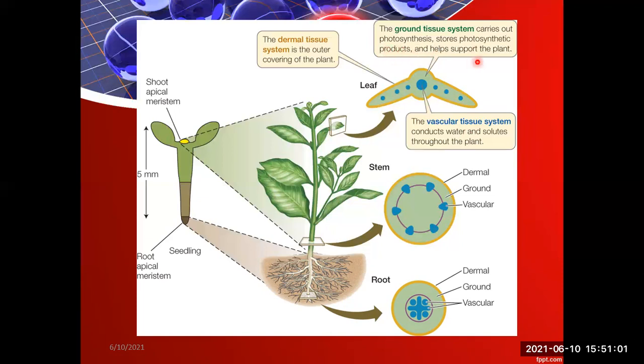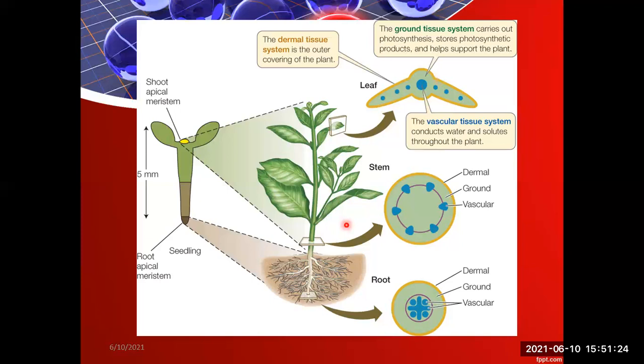It means that there are three types of tissue systems: number one, the dermal tissue system; number two, the vascular tissue system; number three, the ground tissue system. These three tissue systems link together and perform the function of conduction as well as the synthesis of food.